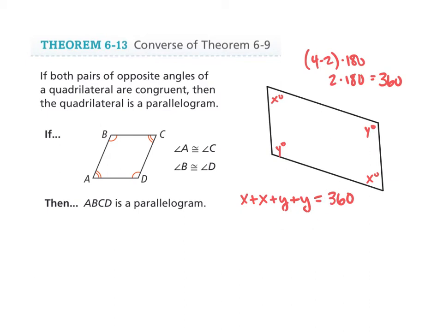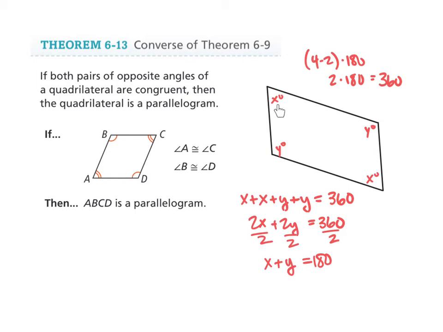Now if I combine my like terms here, it's going to give me 2x plus 2y equals 360. And now what I'm going to do is divide every term in this equation by 2. I'm going to divide that and that and that all by 2. And that tells me that x plus y now equals 180. And let's look at what that implies.